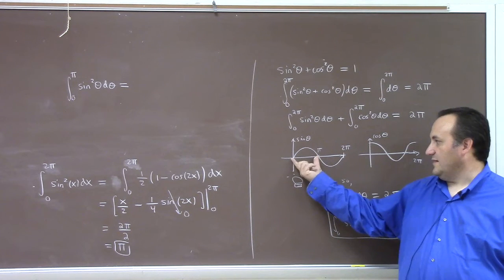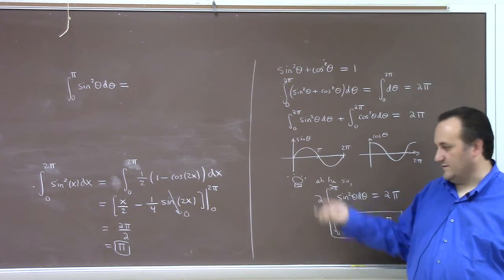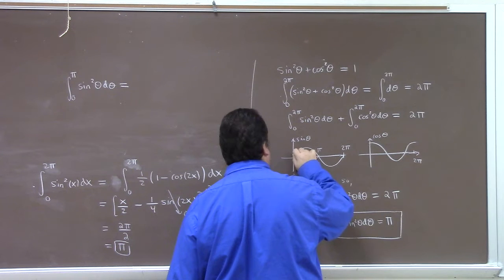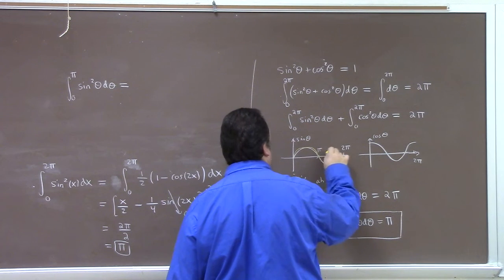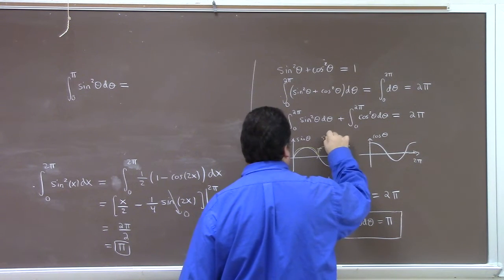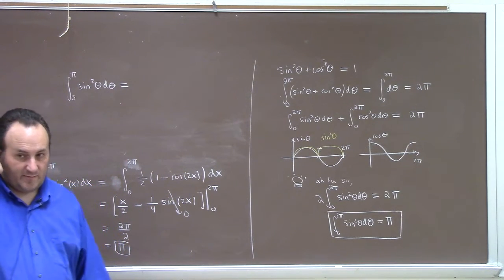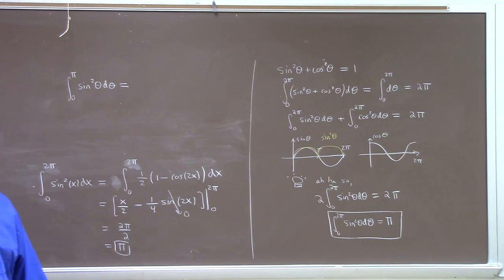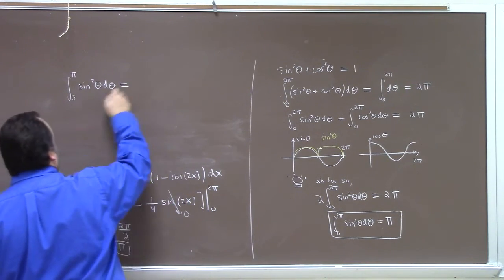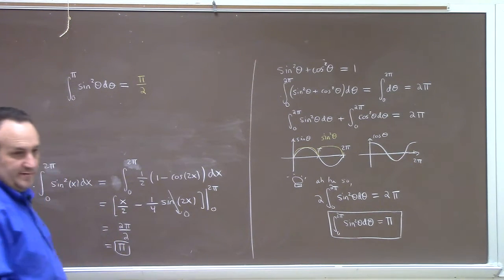If you square sine, it looks the same here and here. Roughly speaking, this is sine squared. So the integral from 0 to pi is equal to the integral from pi to 2 pi for sine squared. If the whole integral from 0 to 2 pi is pi, then the integral from 0 to pi is just pi over 2. It's got to be half of the whole thing.